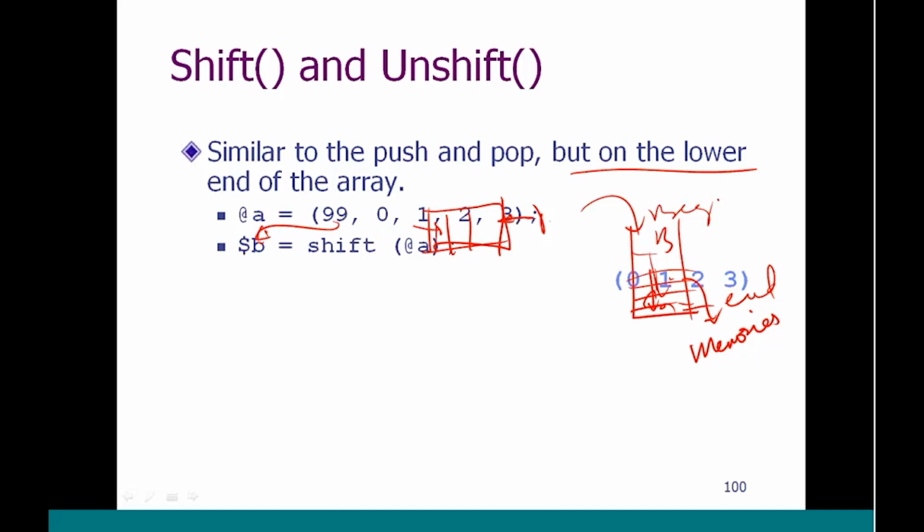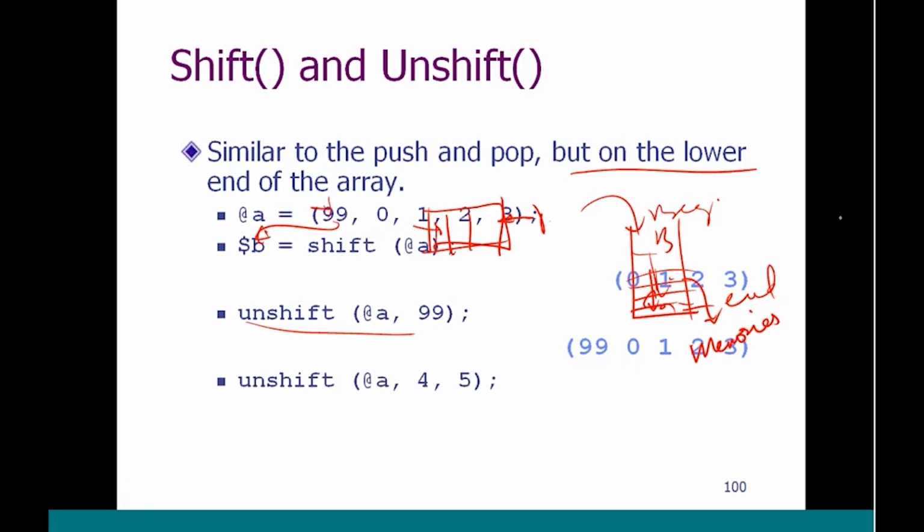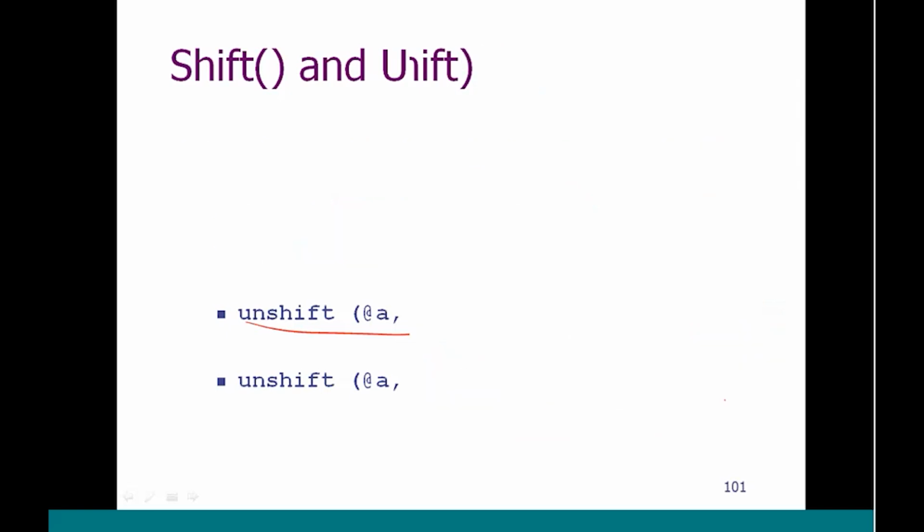So $B becomes 99 and the array stays 0 1 2 3, and when we unshift that particular element, it's pushed back into the array. And if you unshift 4 and 5, those 4 and 5 are added at the beginning of the array, so it is 4 5 99 0 1 2 3.